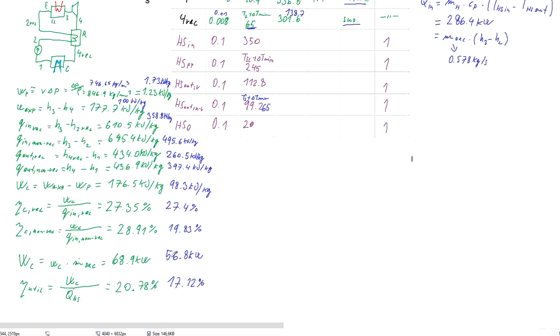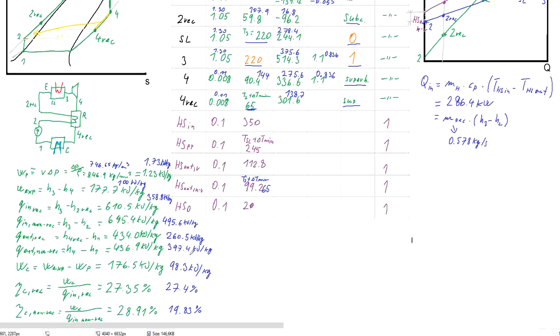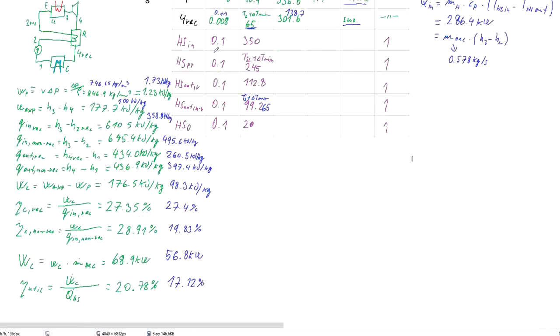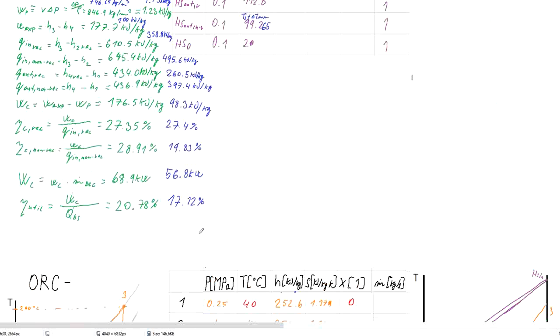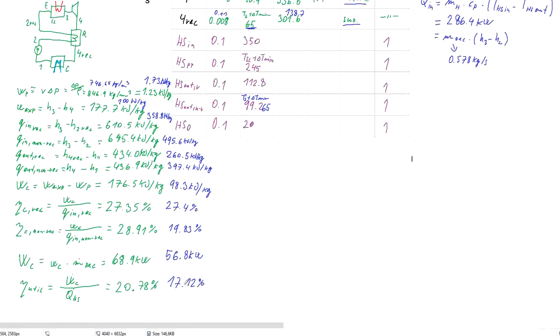Similarly, about just a little bit more, 57 kilowatts was in the case of the hexamethyl disiloxane, but at much more suitable pressures. The high pressure just 1.3 megapascals. So the utilization efficiency here was 16.6, here we have 17.1.